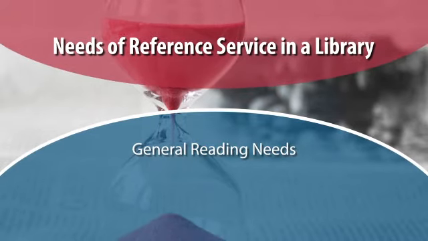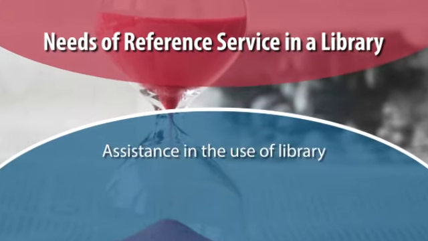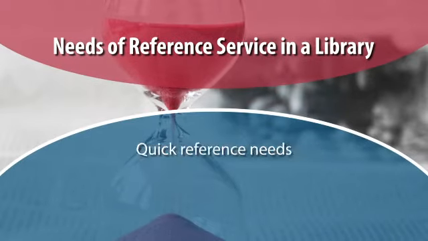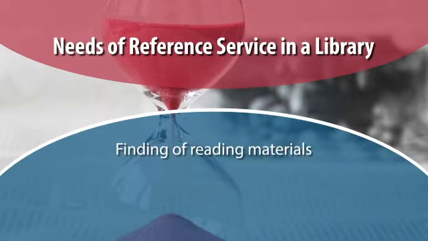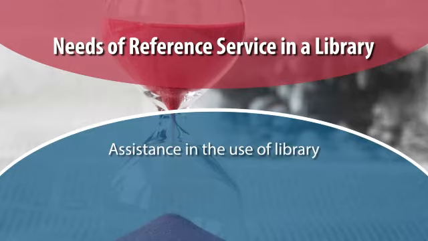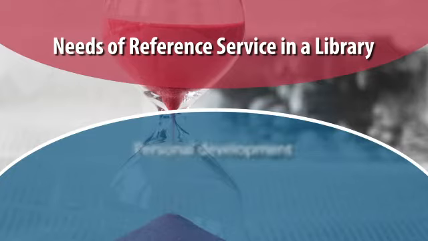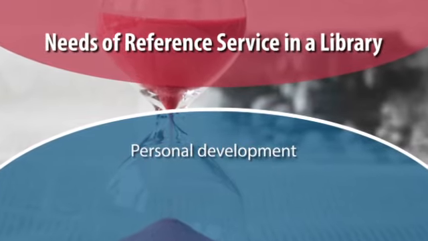We provide the quick reference needs of users, and then we help them in finding reading materials. We help them with assistance in the use of the library. We help them with personal problems and personal developments they require, whatever they are asking for in a personal capacity.